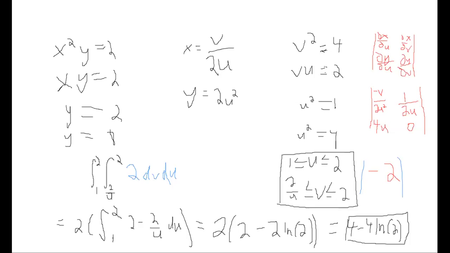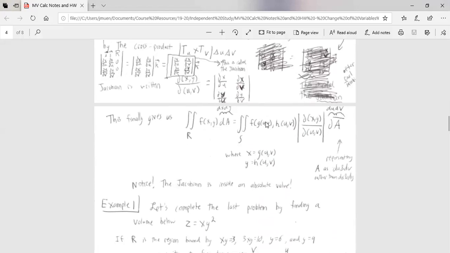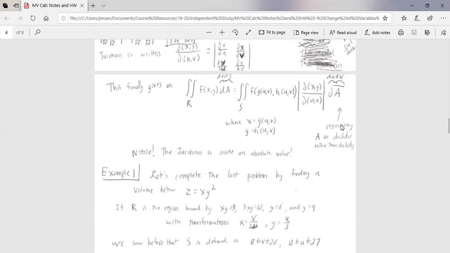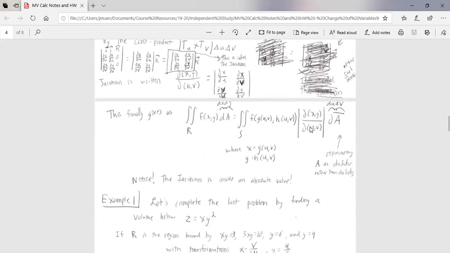So we'll take a look at, we're actually going to skip example 1 because it's roughly the, no, we'll do example 1.